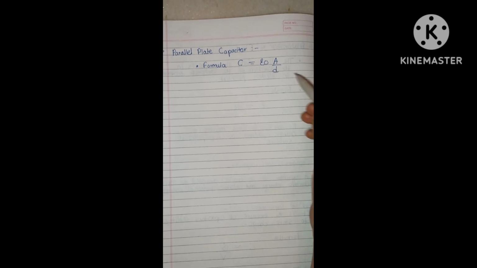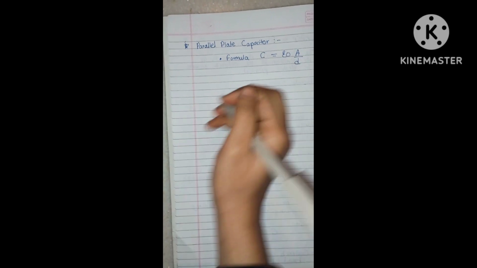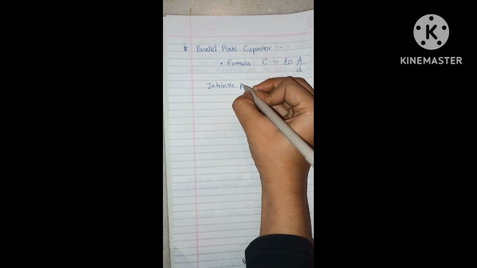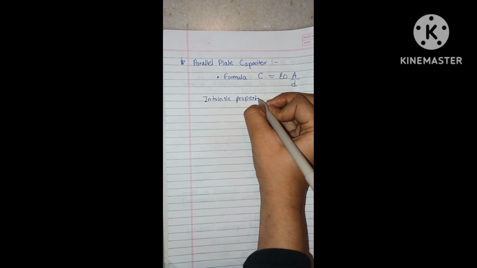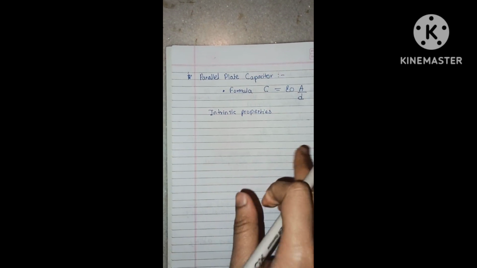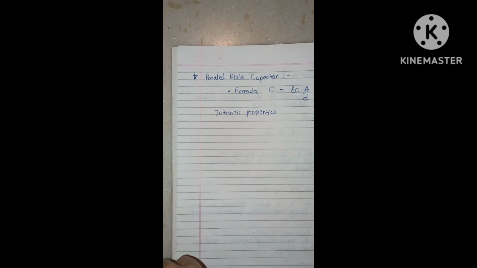A is the area of the plate, so larger area means higher capacitance. And D is the separation between the plates. Smaller distance means higher capacitance. This shows that capacitance is an intrinsic property, determined by how it's built, not by the voltage applied or the charge it holds.